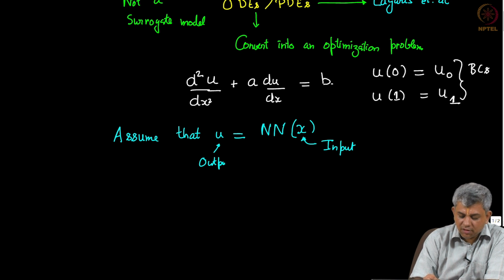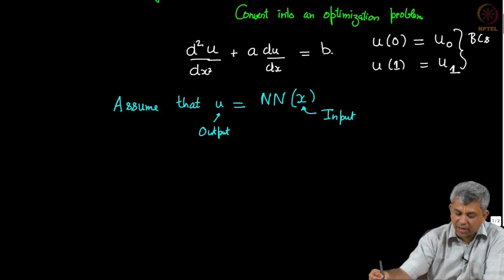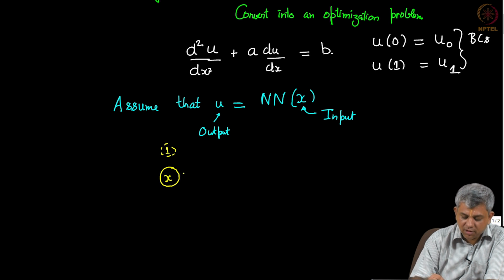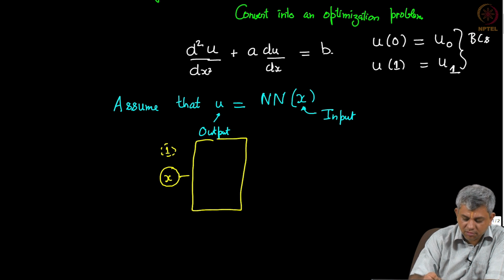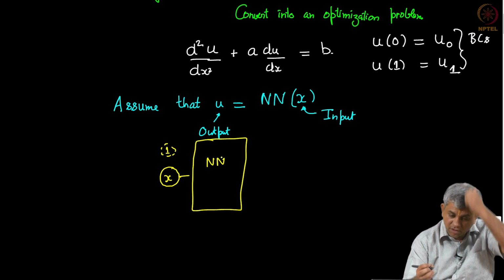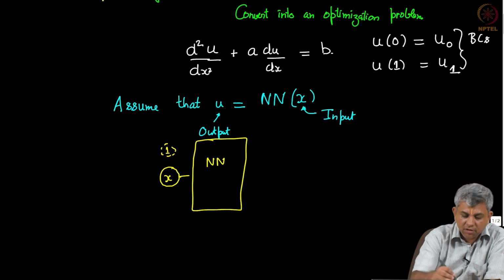Just to make this clear diagrammatically, the neural network will look like this. X is the input, of course, typically we have a bias unit, and then something happens here. This is the neural network. In case you are getting unclear, we can simply assume it is a single hidden layer.